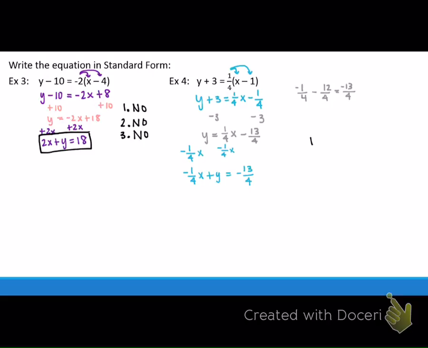Okay, checklist time. Do we have fractions or decimals, Carly? Yes. How can I get rid of my fraction then? What's the denominator? So the least common denominator of 4 and 4 is 4, so we're going to multiply everything by 4.